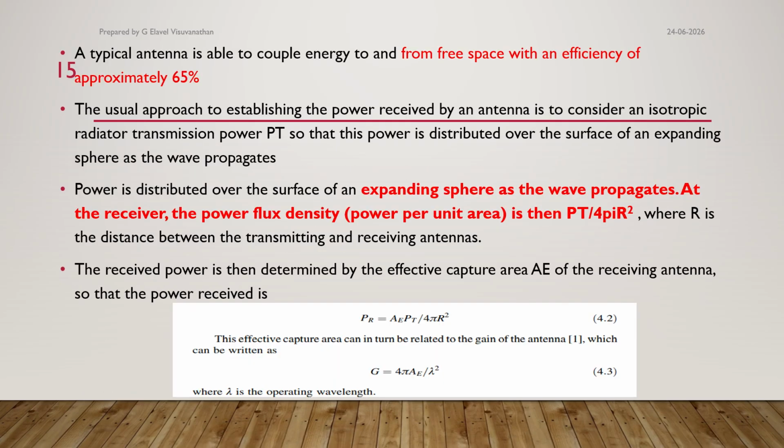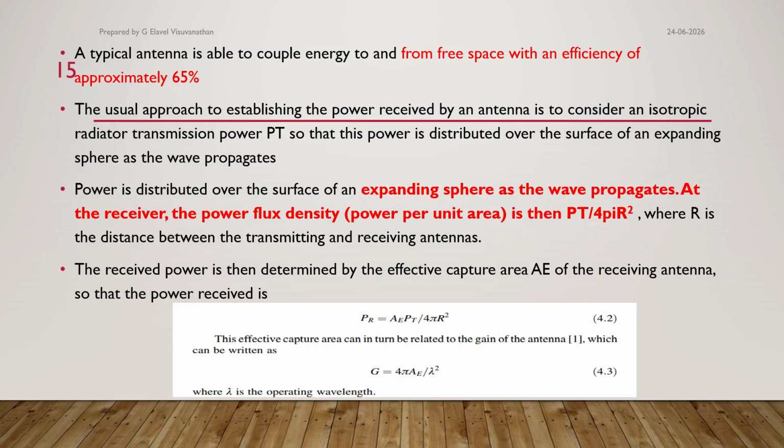A typical antenna is able to couple energy to and from free space with an efficiency approximately equal to 55%. The usual approach to establish the power received by an antenna is to consider an isotropic radiator transmitting power PT, so that this power is distributed over the surface of an expanding sphere as the wave propagates.